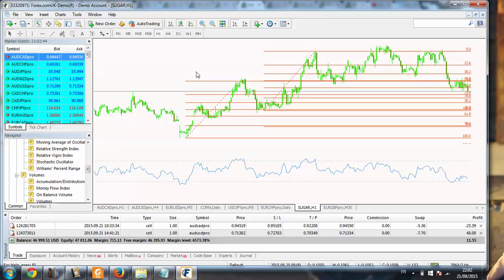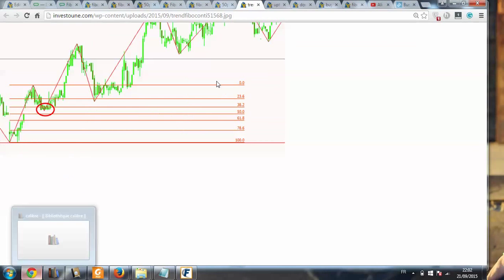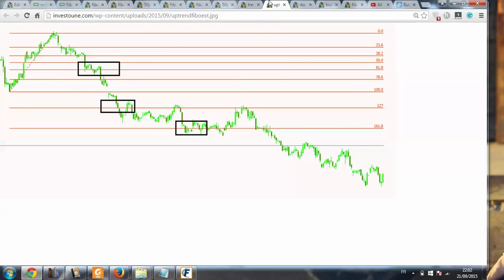So this is all about Fibonacci. So for example here, if you look here, there is an up Fibonacci, and when the price breaches the 61.8% Fibonacci level, it starts to target the first extension, then it targets the next extension.